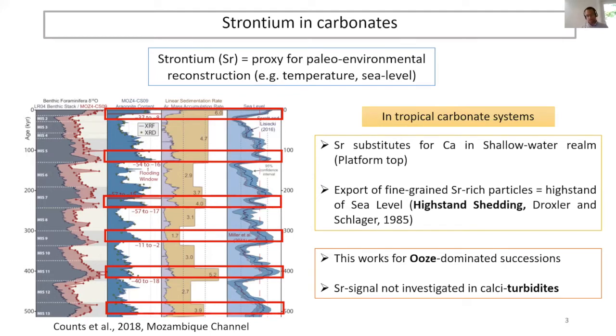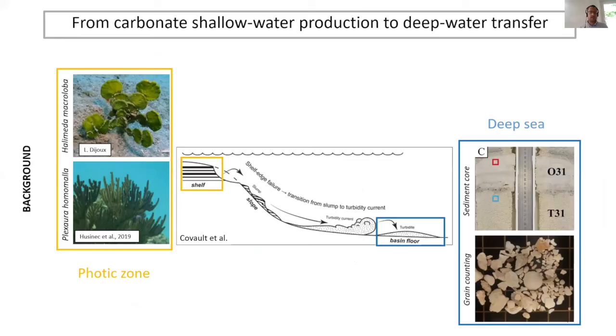So this works pretty well, like for this core, in ooze-dominated successions. But the Sr signal is not really investigated in calciturbidites. So what is a calciturbidite? Basically, that's a downslope directed current that mixes sediment and water, and it links several environments.